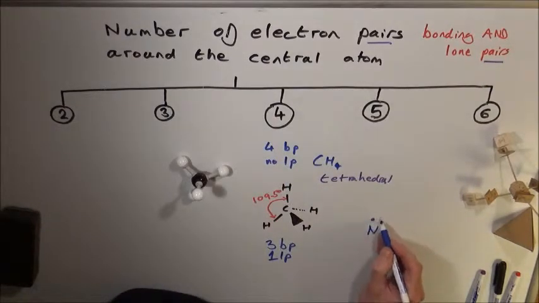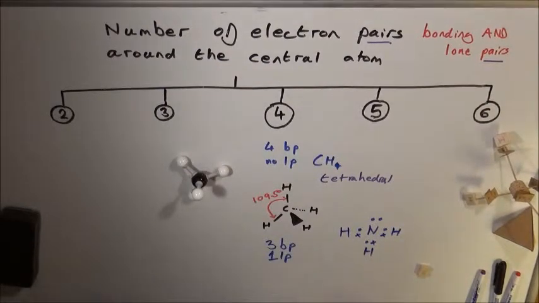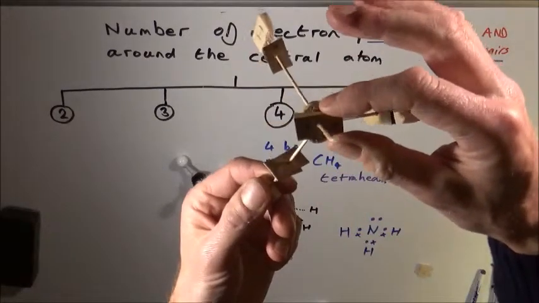The nitrogen has 5 electrons in the outer shell, and then we have 3 hydrogens forming 3 covalent bonds, and then we've got a lone pair sitting on the top. So the lone pair is this pair here, sitting on the top of the molecule.